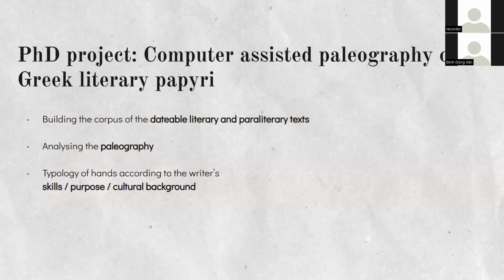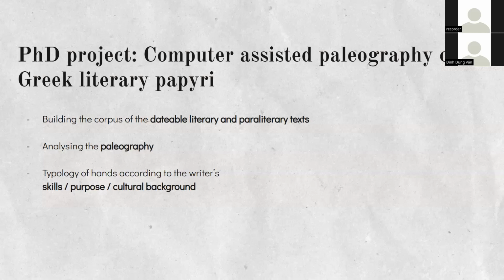So my problem is big. My corpus will be small, but I hope to have at the end around 300, 400 texts over the papyrological millennium, let's say, from the 3rd century BC to the 7th century CE.